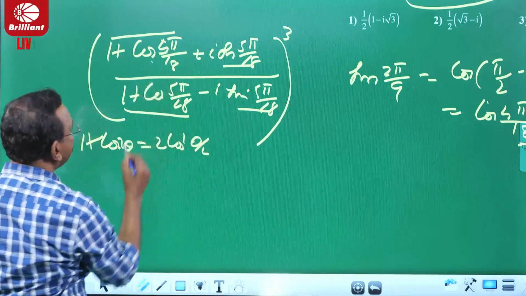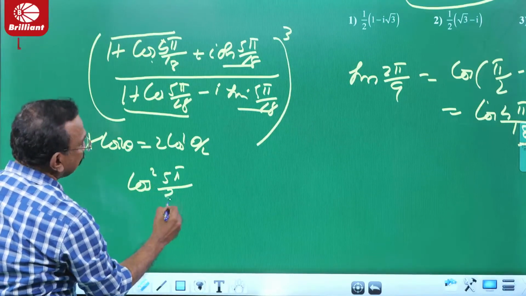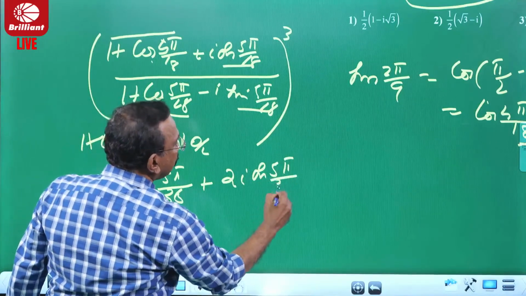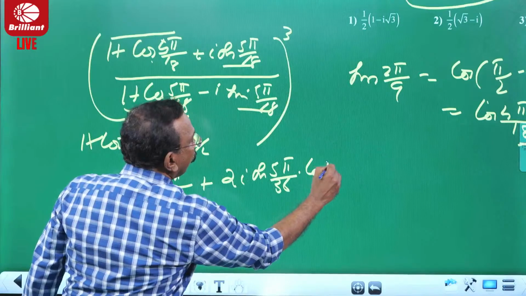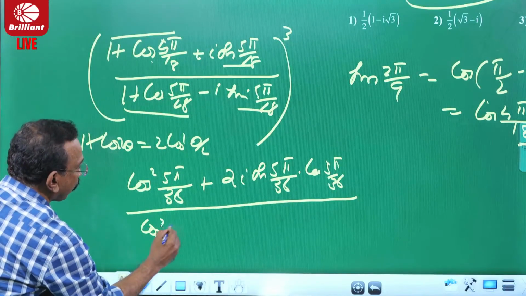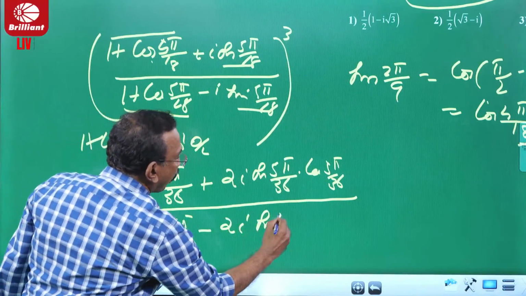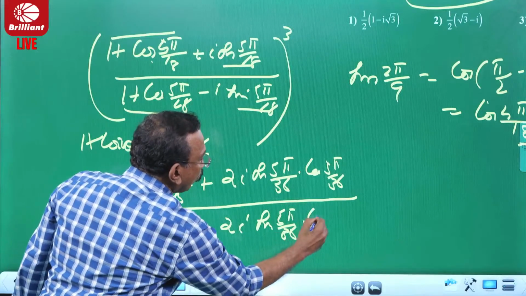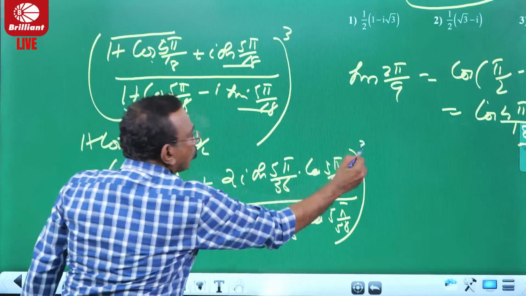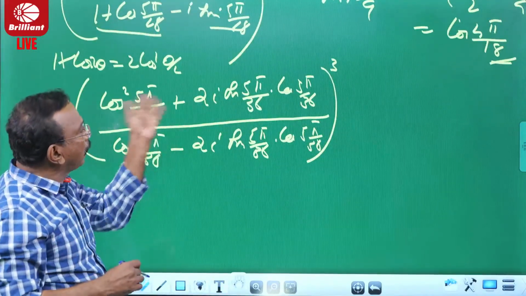So this will be cos square of 5 pi by 36 plus 2i into sine 5 pi by 36 into cos 5 pi by 36, all divided by the same, cos square of 5 pi by 36 minus 2i into sine 5 pi by 36 into cos 5 pi by 36, all cubed. So you can easily take cos 5 pi by 36 outside and cancel them.